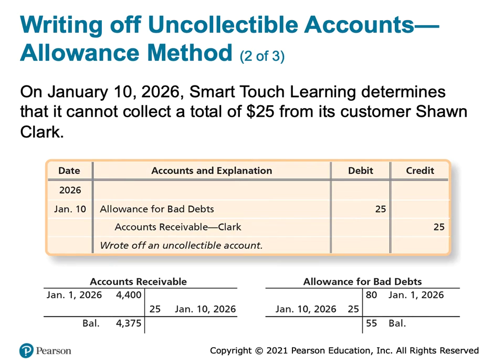We can see here in this slide we're doing a very similar thing to what we did in the direct write-off method, except now we are debiting allowance for bad debts and crediting accounts receivable. Remember that allowance for bad debts is a contra asset. So by debiting it, we're decreasing the allowance for bad debts.